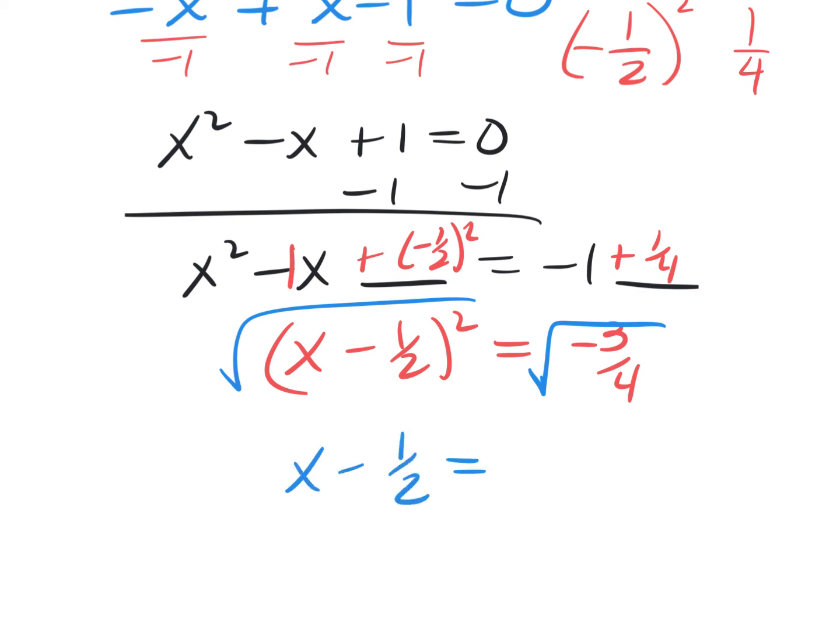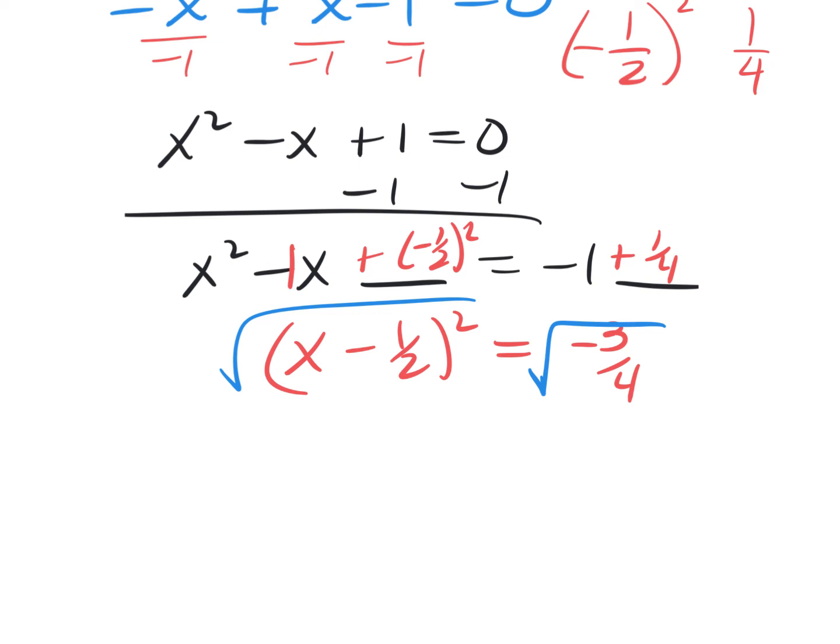Now, if it said find only real solutions, you would stop at that step and say no solution. But on Friday, we're going to learn how to do imaginary numbers, so you would be able to solve this. This is why we're not going to test you on something like this, because we haven't taught you imaginary numbers yet. If this were an SAT and it said find real solutions, the answer is no solution.